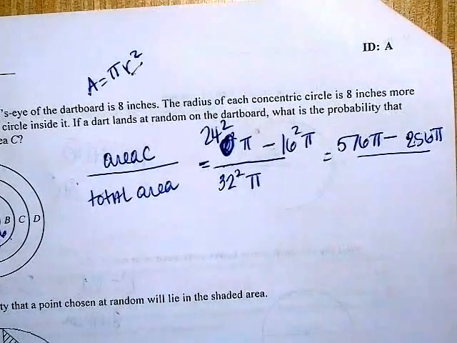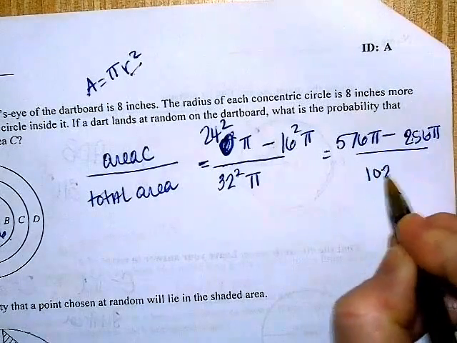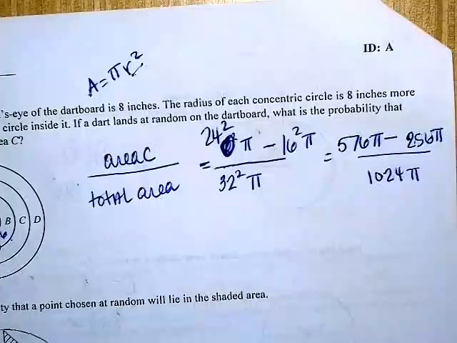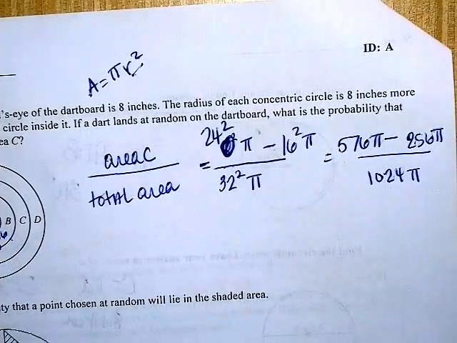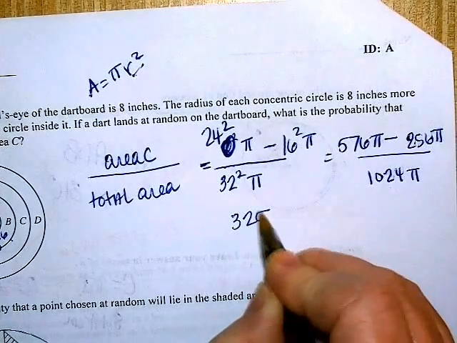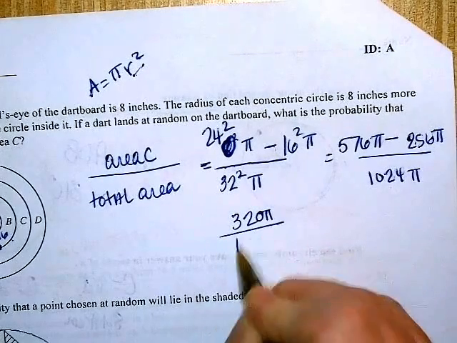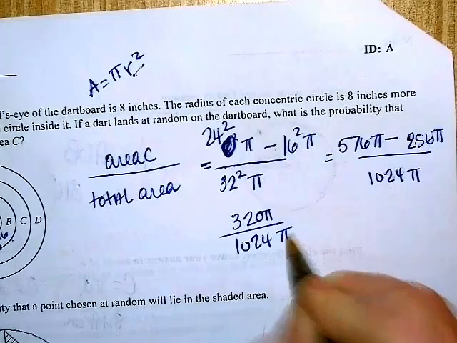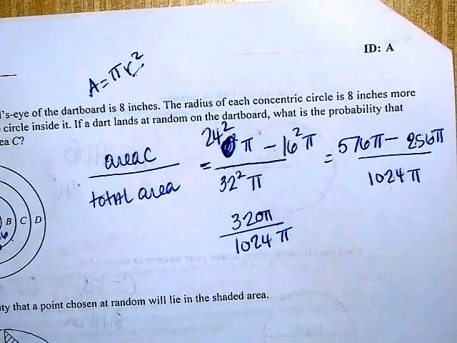What's 32 squared? 1024. Okay. Subtract. Do you get 320 pi over 1024 pi? I don't think that's what I had.